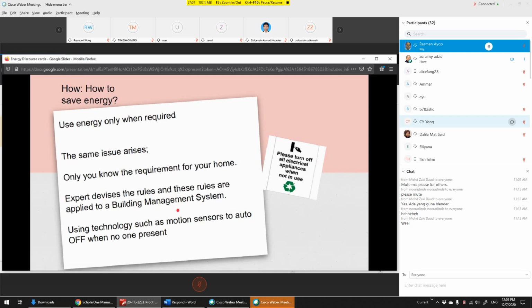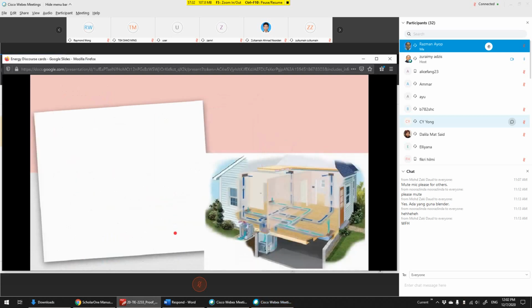We can also use technologies such as motion sensors to auto turn off the appliance when no one is present. Another example: you don't really require your air conditioner during dawn, because it's already cold. So you can switch off your aircon at 5 a.m. and that would save a lot of energy, because your room would still be cold.